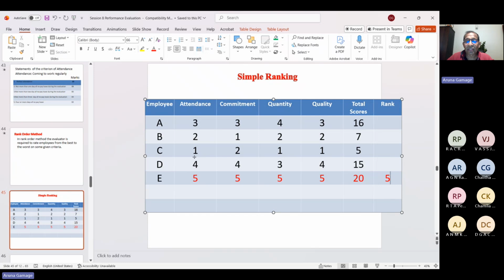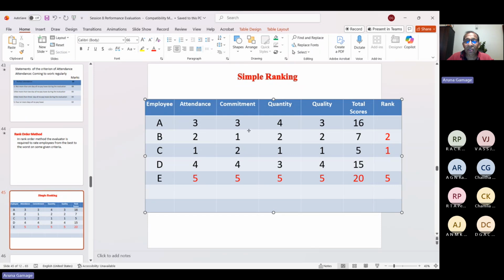He has been first. On the other hand, in terms of commitment, second place. So he should be number one, first place. Second, smaller the better. The second one is B. Then who is the third?